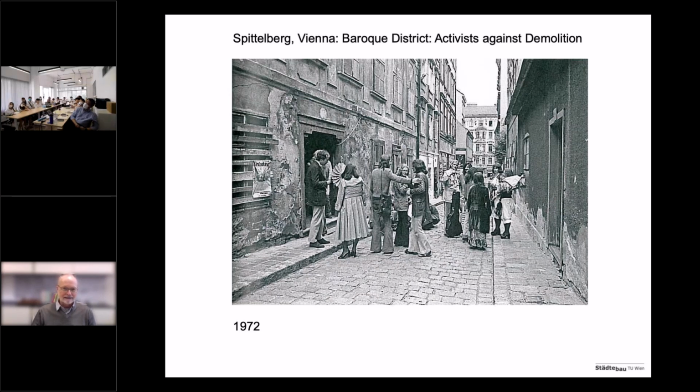Against that, in the 70s, a lot of architecture students started to demonstrate against this process of demolishing the city, and they proposed to renovate the existing old structure and adapt it with the technical facilities necessary for a living condition that was state of the art, even at that time in the 70s.